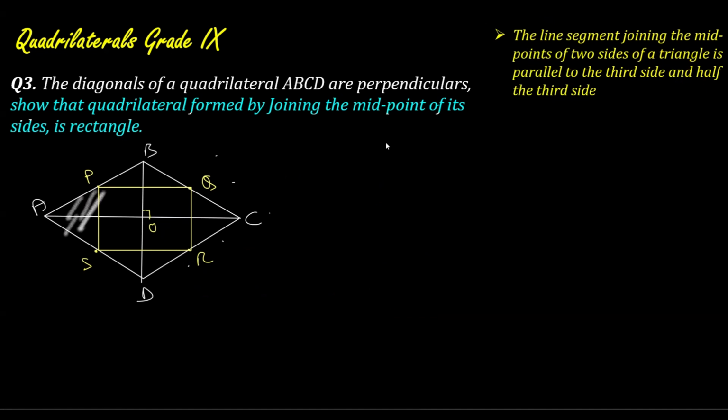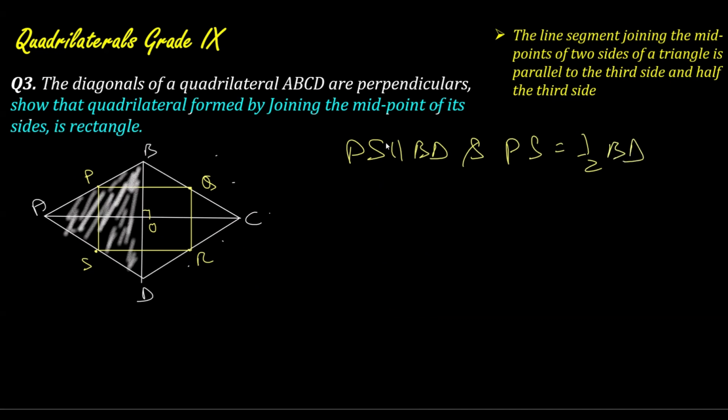Here, using this property, P is the midpoint of AB and S is the midpoint of AD. So we can say that PS is parallel to BD and PS is half of BD. I mark this equation 1 and write this property. Now, if you consider the other triangle here, I'll use a different color.